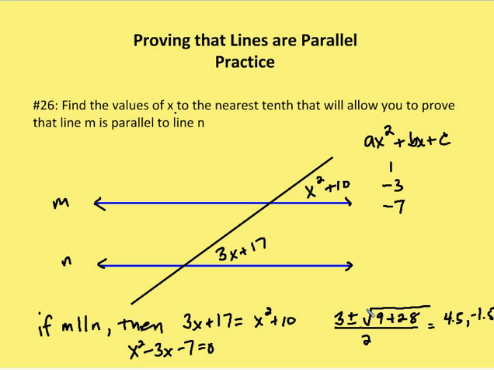The square root of 37 is approximately 6, so for our purposes, let's say 3 plus or minus 6 over 2. We end up with x approximately 4.5 and negative 1.5.